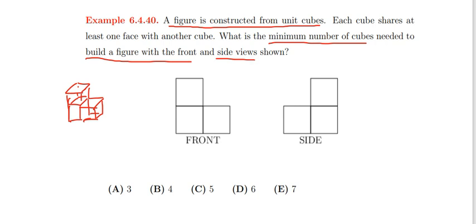So front view is like this. So we should have something like this, right? We should have these in the front view. So at least we should have 3. Maybe we can also have this, right?